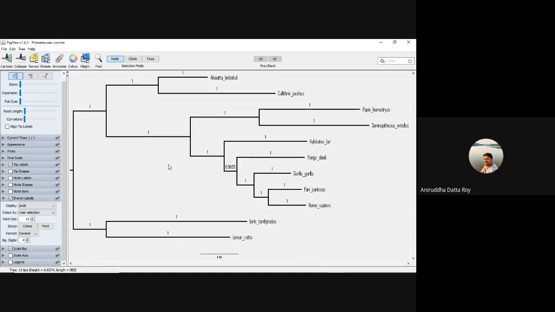I think there are multiple connotations to it, so we'll get to this on the last day tomorrow, because a lower bootstrap support or a lower posterior probability can mean a lot of things. So let's get to that tomorrow.